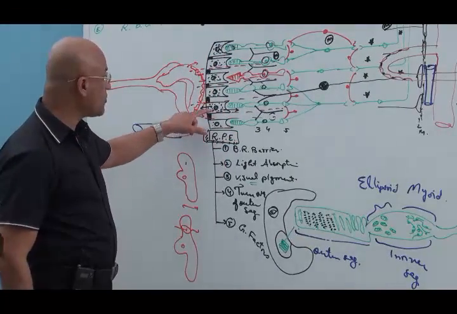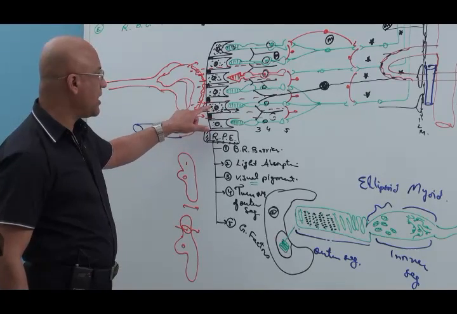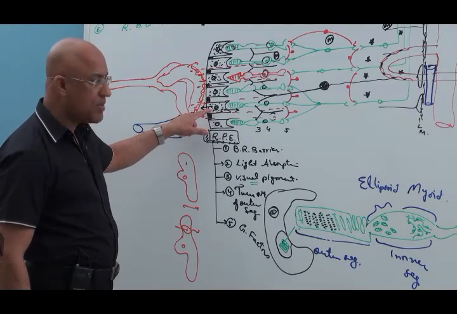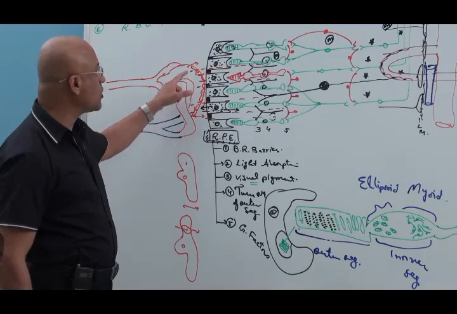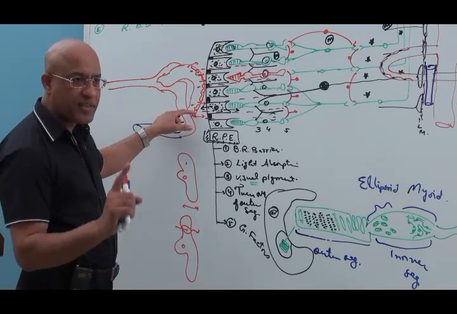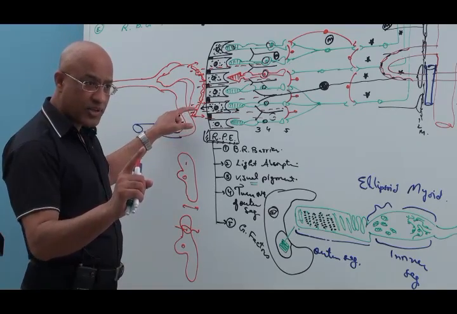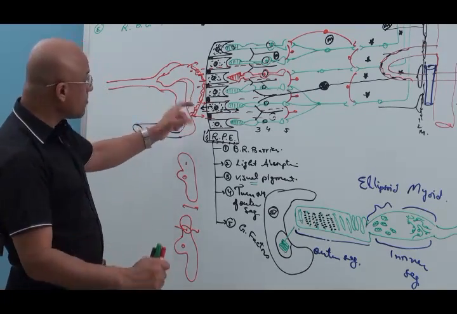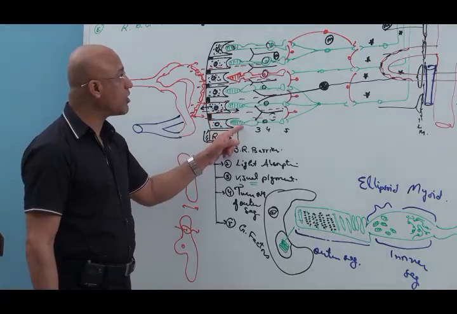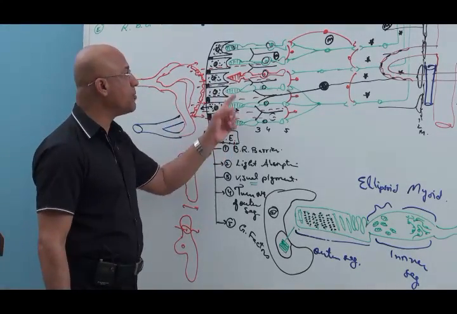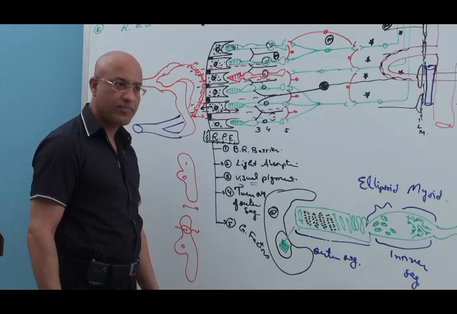Why? Because growth factors produced by retinal pigment epithelium, number one, act on the endothelial cells of the choriocapillaries and maintain their integrity, health, and structural and functional aspects. Plus these growth factors also work on rod and cone and maintain their structure and function.